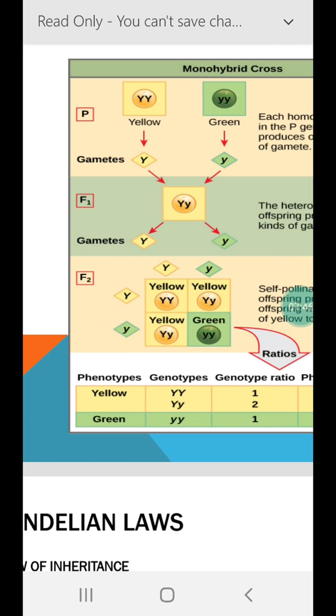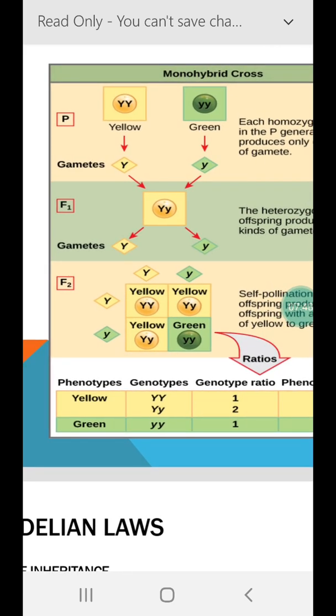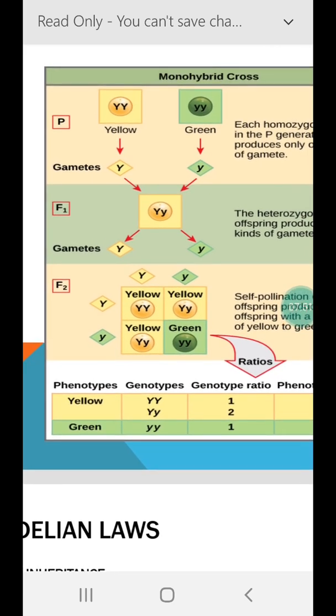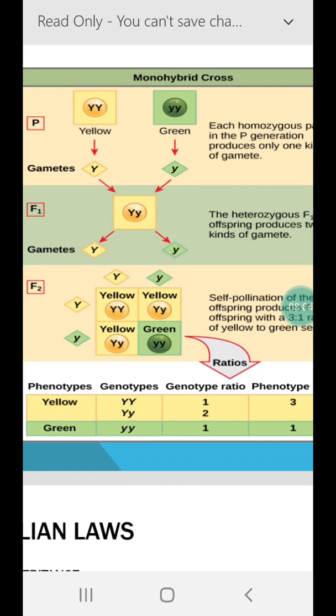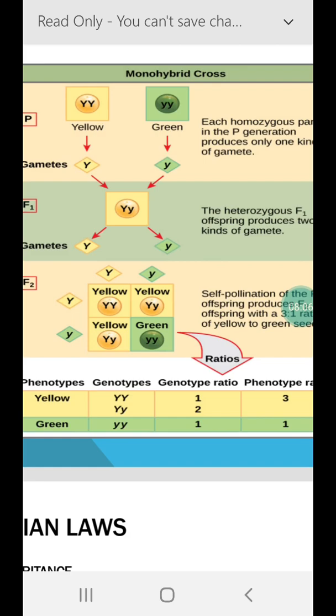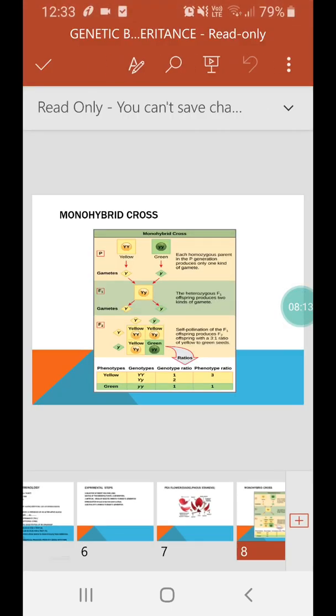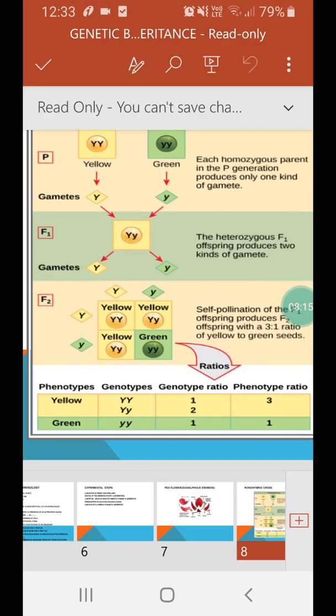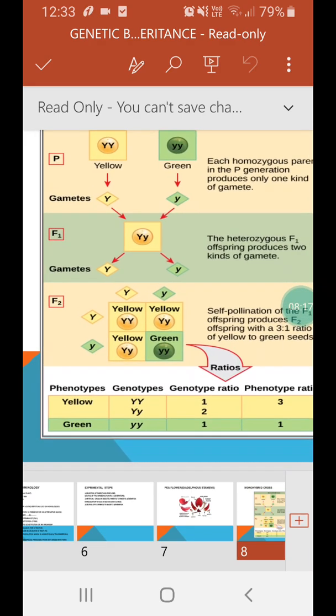So a cross was performed. See here in the figure, a monohybrid cross between yellow and green seed color. Each homozygous parent in the P generation, that is the parent generation, produces only one kind of gametes.